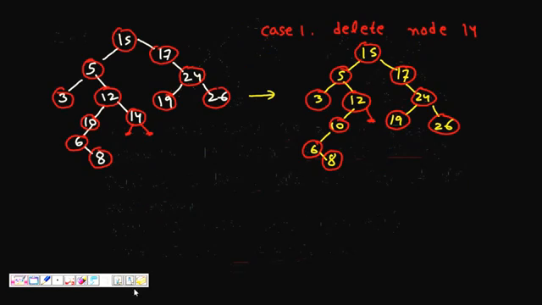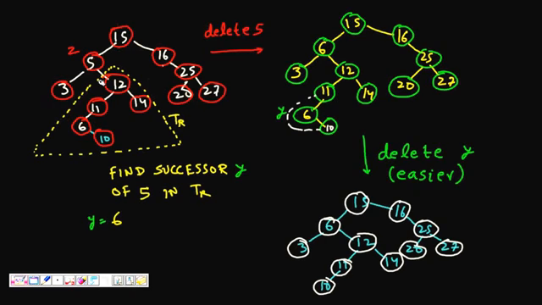So let's first see the third case itself. We have this tree, and I want to delete node 5. So this is z. If I want to delete this, and it has a right subtree, I try to find the successor of 5, which is the smallest node greater than this.